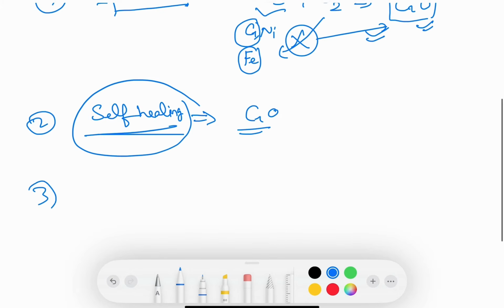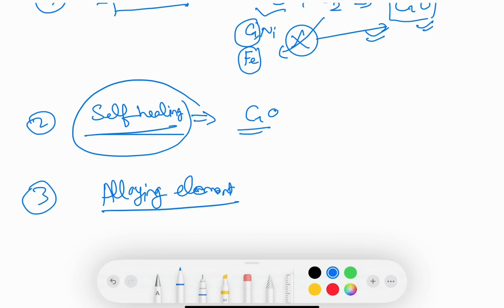The third important reason is alloying elements. Apart from chromium, they have other alloying elements, majorly nickel as well as molybdenum, which can also enhance corrosion resistance.